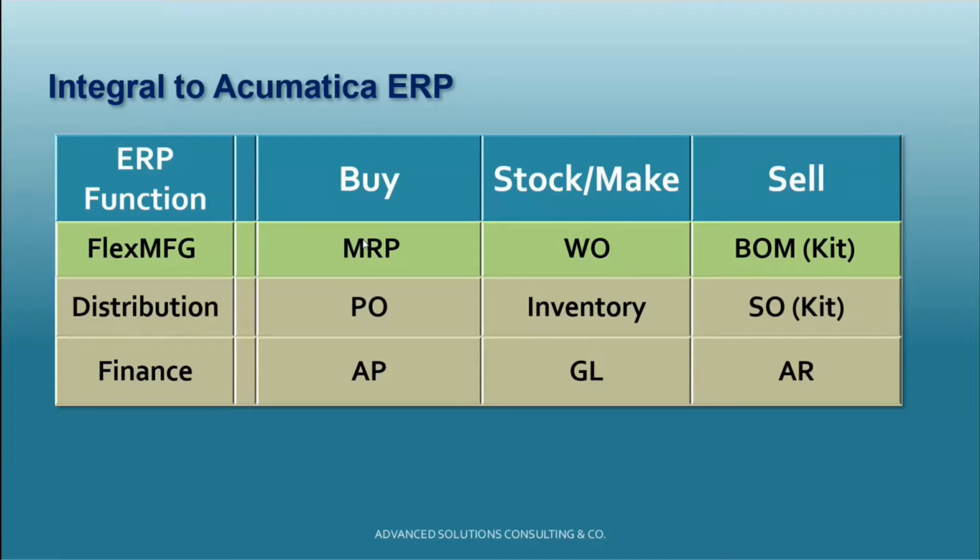We'll show you that in the demonstration. But what's key to that is we use Acumatica's replenishment logic for inventory items. And we have a forecasting tool that I'll speak to in a moment that complements that. So that's number one vision.